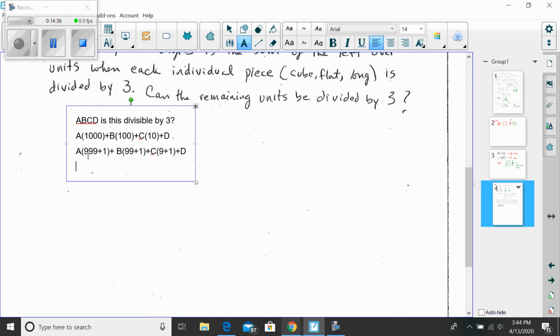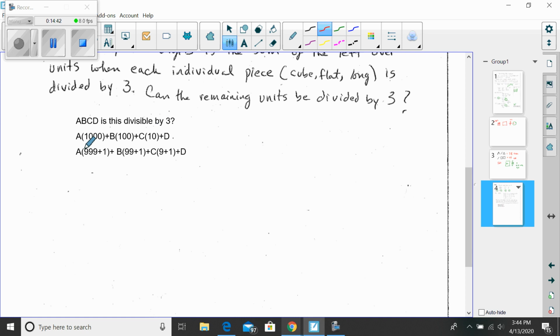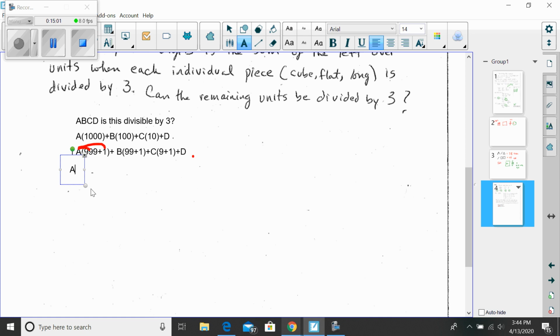Okay, so is this number divisible by 3? Well, if I were to look at this in 2 halves, this half in red is certainly divisible by 3, because 3 divides each term in the sum. So this is divisible by 3 for sure.